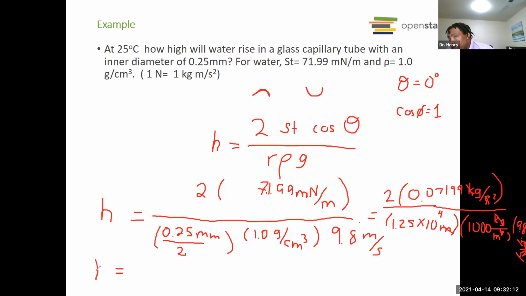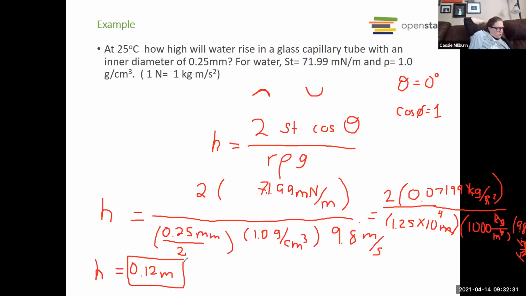So then our height is going to be 0.12 meters. Question: I got 0.112. But if we look at the figure, okay, never mind. Gotcha.